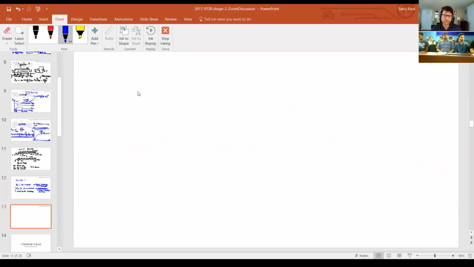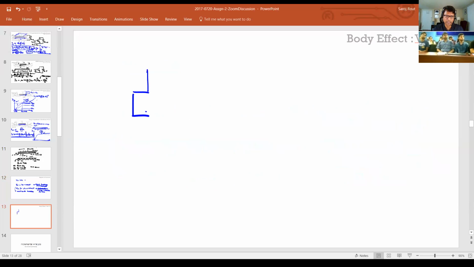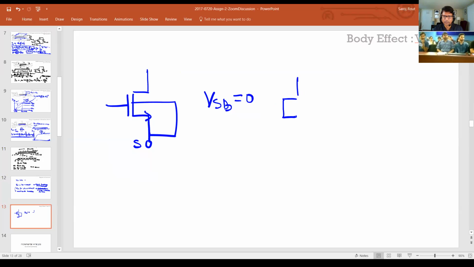Okay, now I'm just going to quickly talk about body effects. So so far what we've been doing, in the case of an NMOS for example, is taking the bulk and shorting it to the source node, right? So if you look at the source to bulk voltage, it's been 0. But that's not true all the time. For example, let's say you have a switch. So this might be connected to ground, your bulk might be connected to ground, but this could be at a certain potential, like some voltage Vs, and this could be at a certain potential Vd.